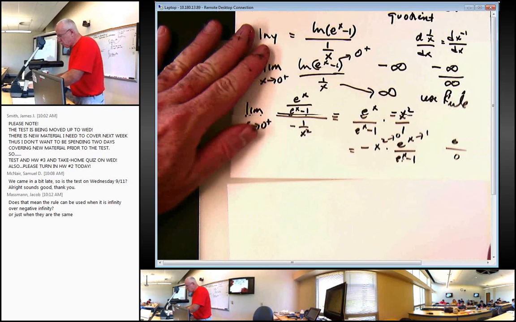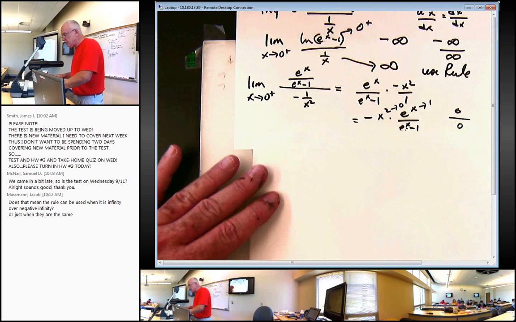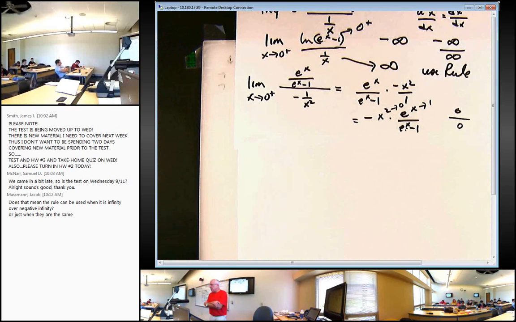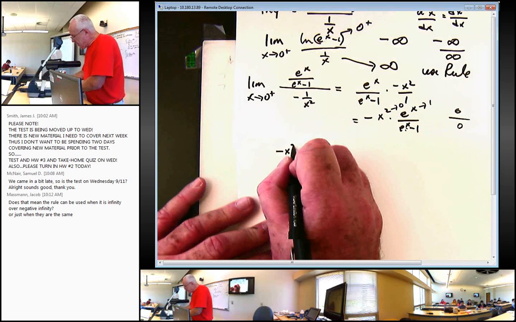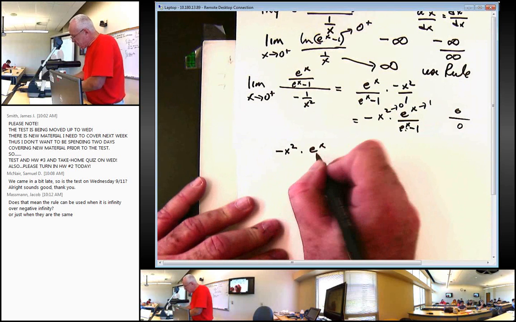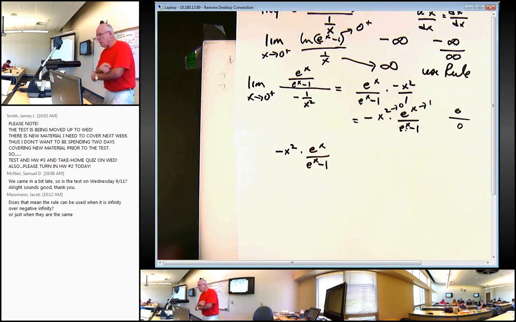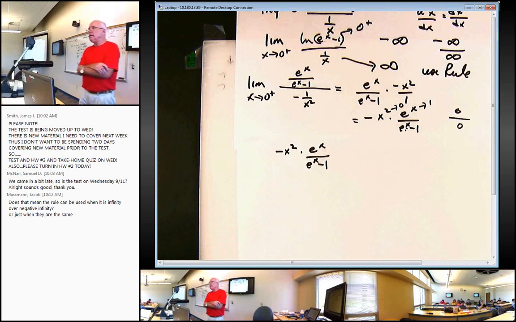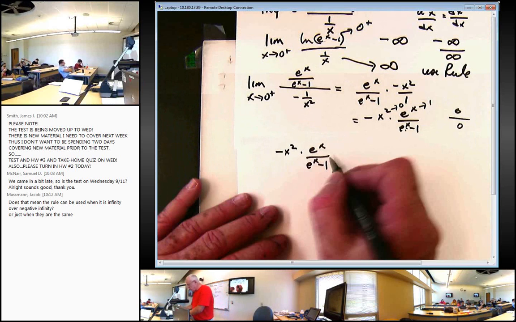Now this is a trick that you may not necessarily immediately see that can be helpful here. What I ended up with here is minus x squared times e to the x over e to the x minus 1. I can write that a little bit differently in order to use the rule.